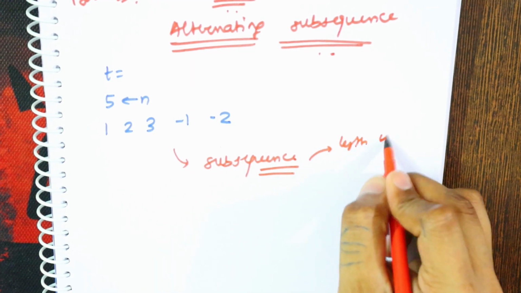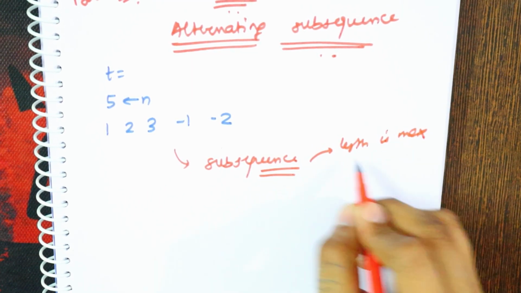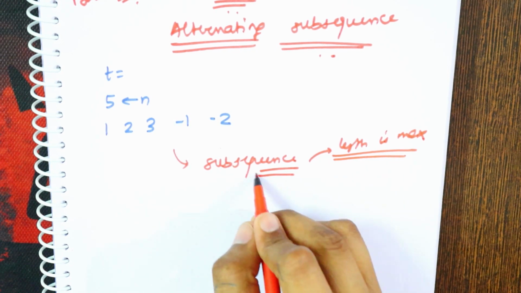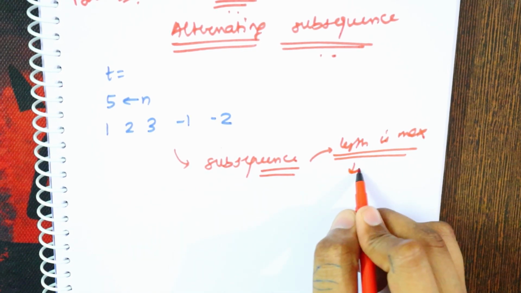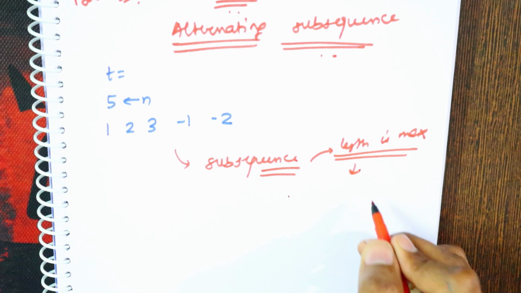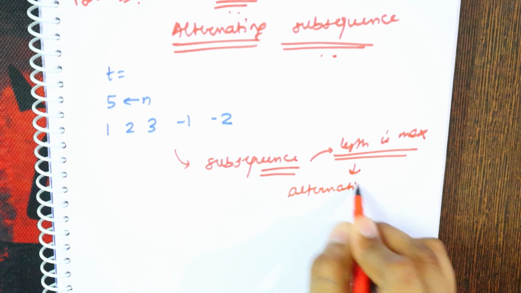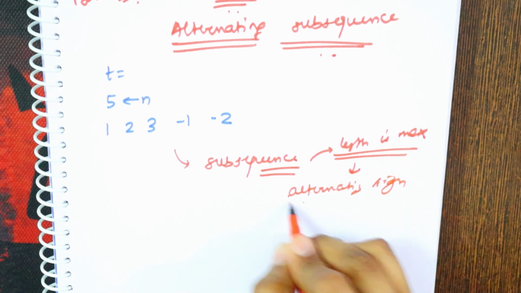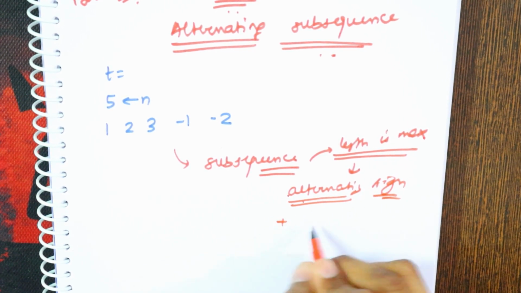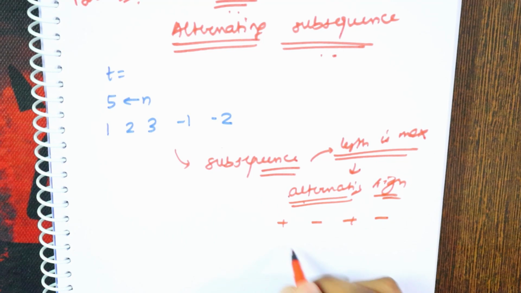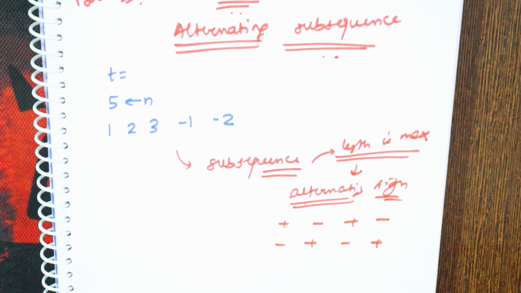It is the first condition, length is maximum, and the subsequence should have alternating signs, which means it should be plus minus plus minus or minus plus minus plus.